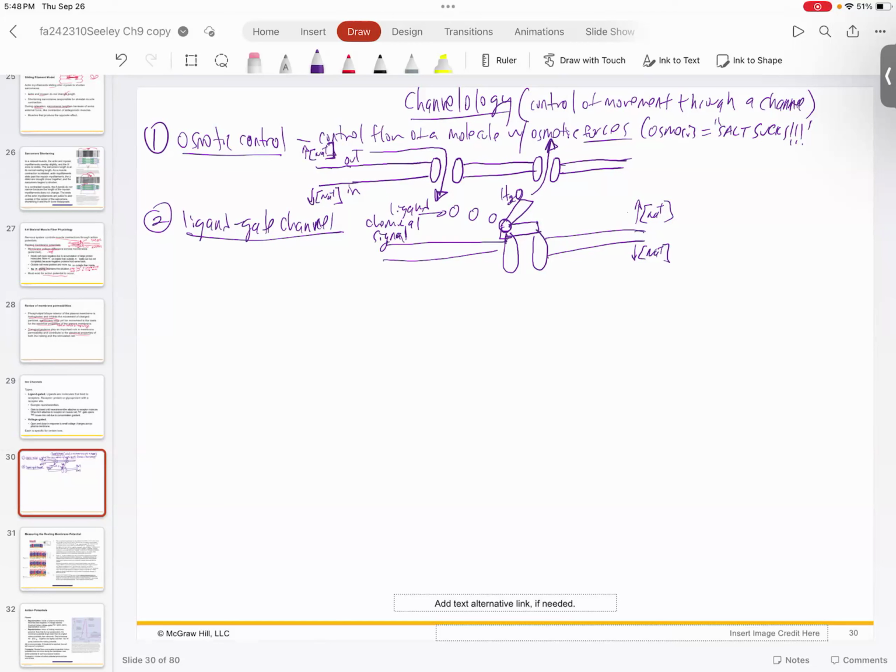So by diffusion, it is going to move from high to low. So it will rush in.